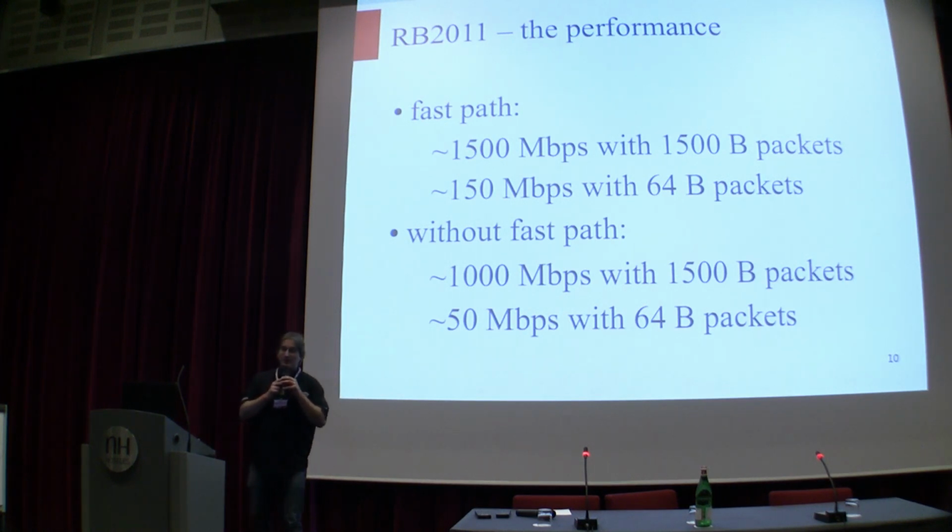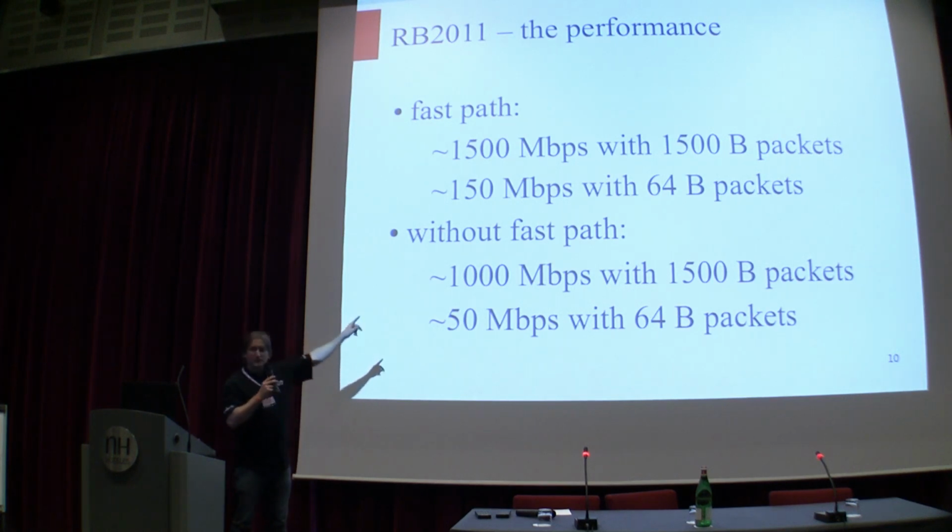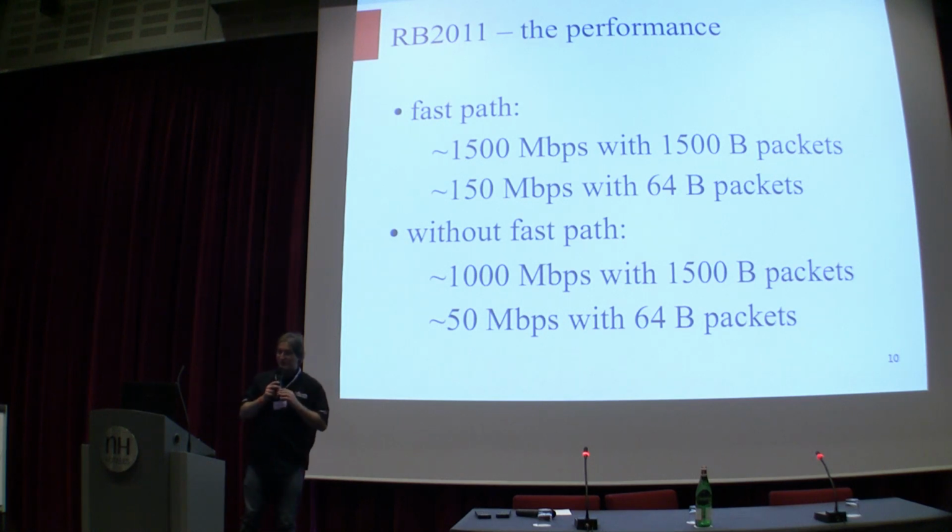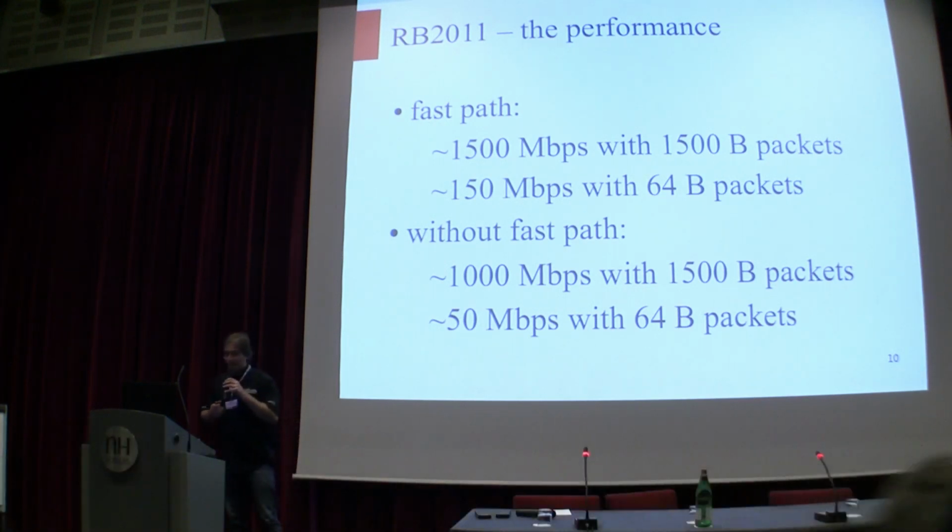But it's only for large 1,500 byte packets. If we use small 64-byte packets, the total performance of the bridge would be about 150 megabits and nothing more, because the CPU is at 100% and cannot do anything else. So the CPU is our limitation.